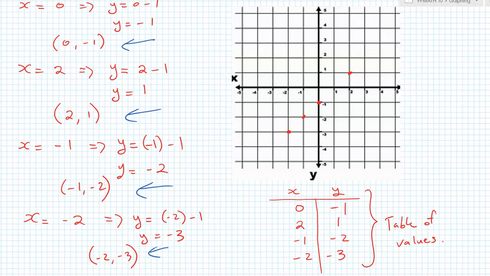So 0 is your x, negative 1 is your y. That's the first coordinate. Let's call that A. The next one, (2, 1), let's call that B. And (-1, -2), let's call that C. And then the last one is your D right there. So you just plot them.